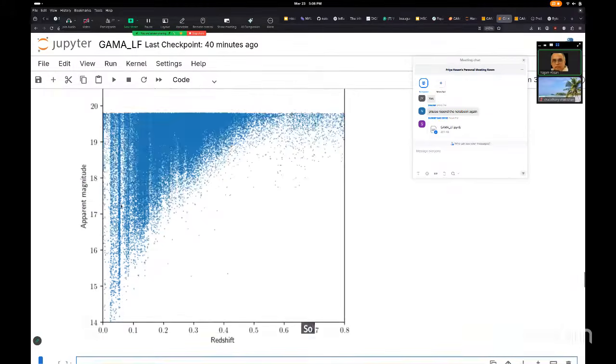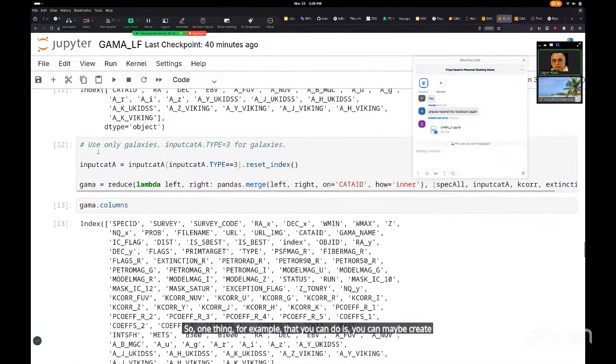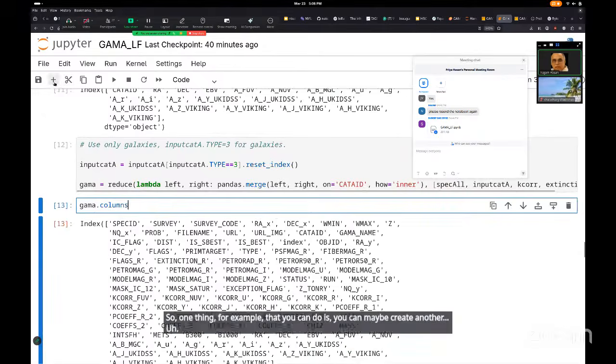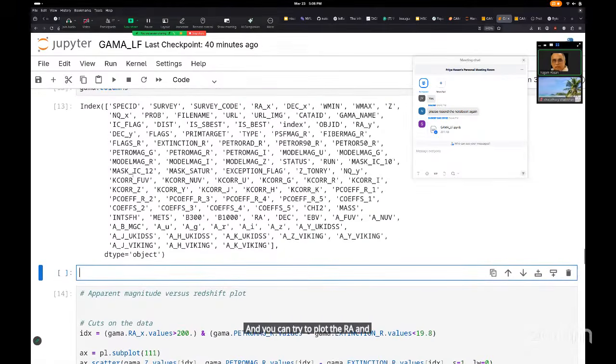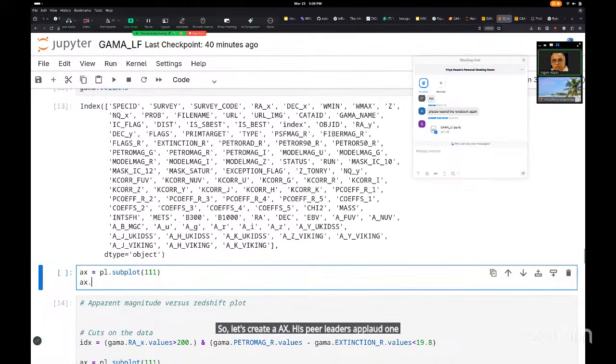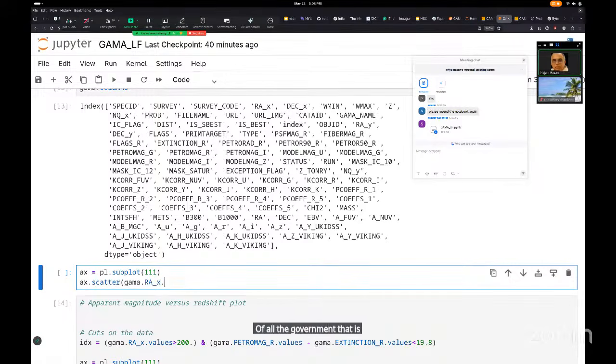So one thing, for example, that you can do is you can maybe create another cell here, and you can try to plot the RA and Dec values for all of these. So let's create an ax, plt.subplot 111, and then we will do a scatter plot of all the GAMA galaxies, and we will plot the RA and the Dec.